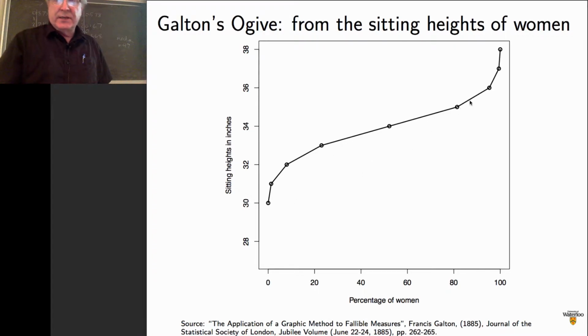And it has this nice kind of curve, so that there's an area in the middle where most of the folks are, and then the ends stretch out a little on either side. Galton called this an ogive, this nice S curve.